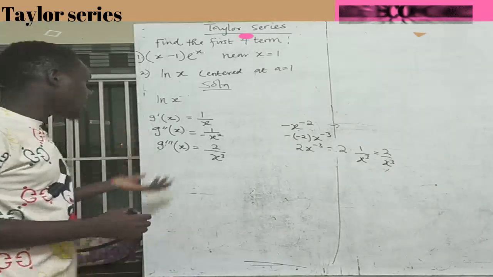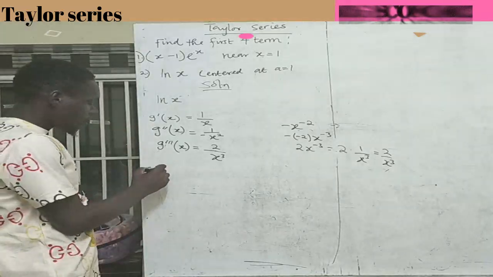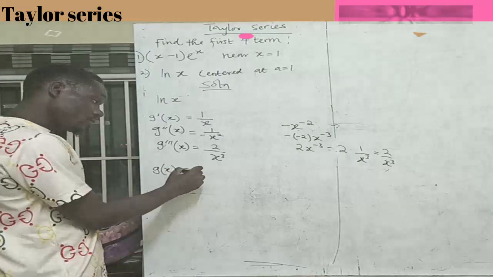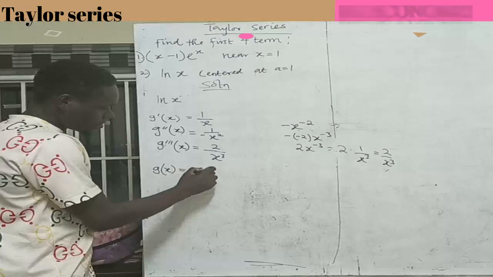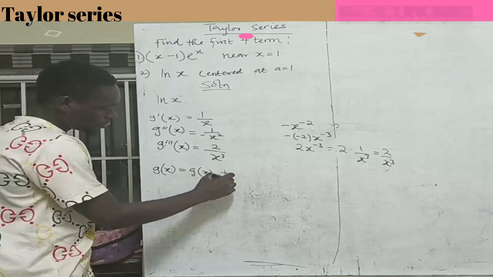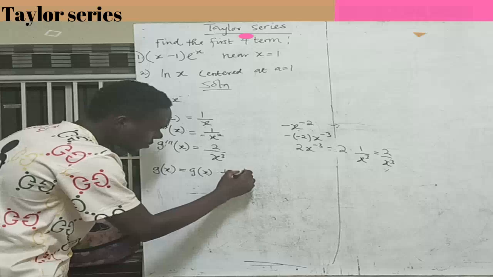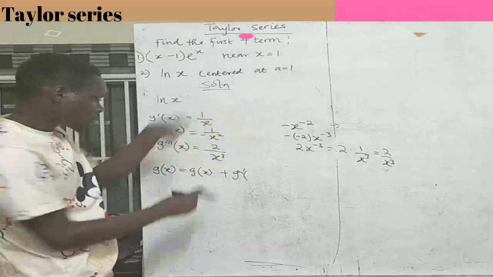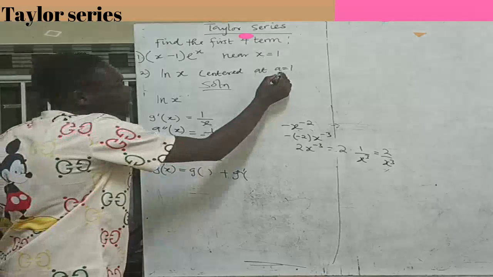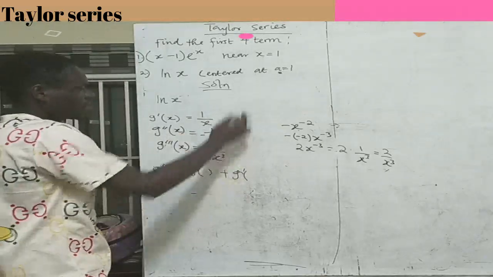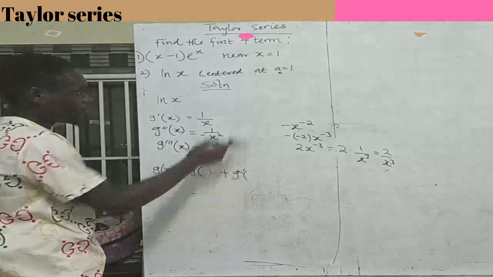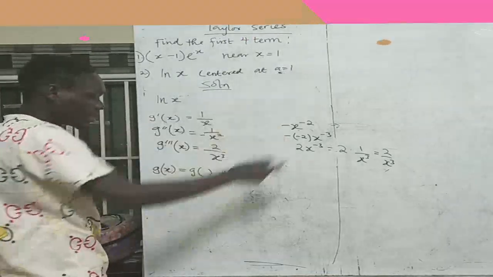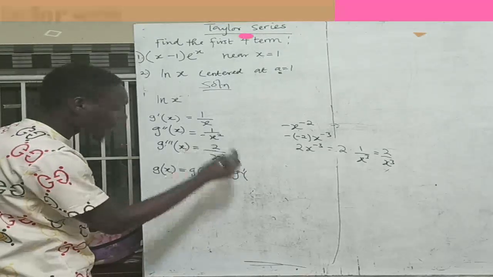So now we apply our formula again. In this case, we just simply replace x with a this time. Since we are expanding around a given value, we use a variable a to expand around. So here we are using a instead of x.